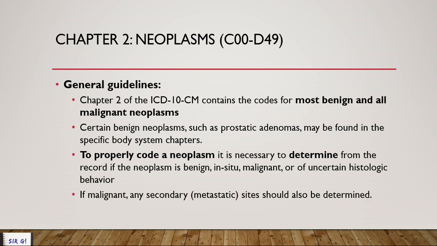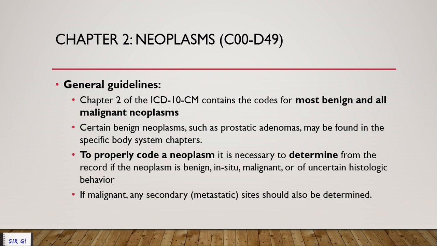Other chapters are divided based on the specific body system. Are we talking about the pulmonary system? Are we talking about diseases of the cardiovascular system? So the guideline is telling us that not all benign neoplasms are in chapter 2, because other benign neoplasms can be found in the other body system chapters.